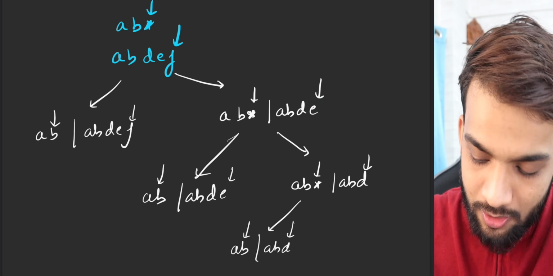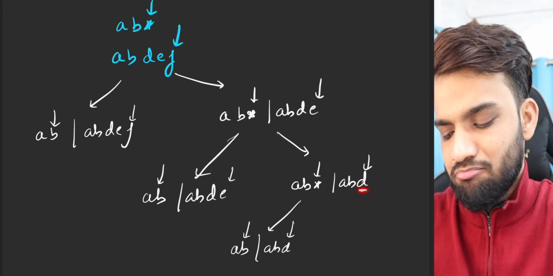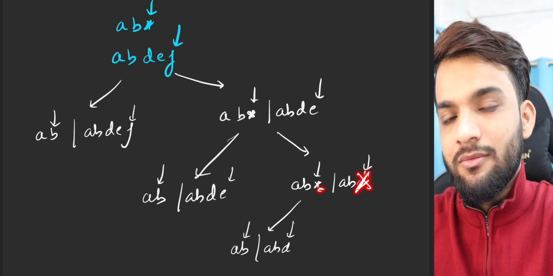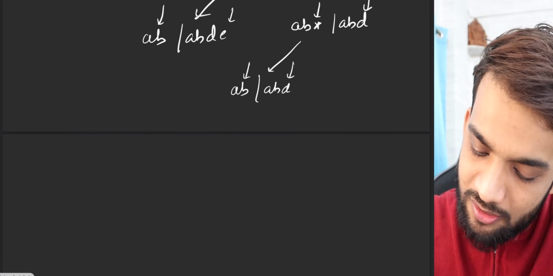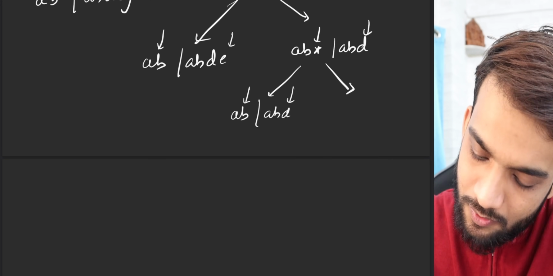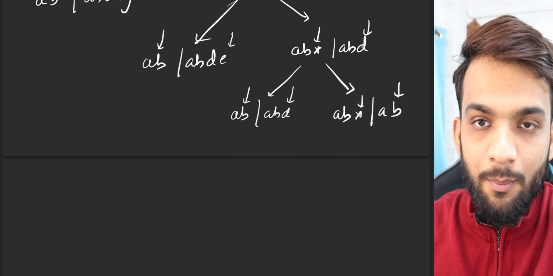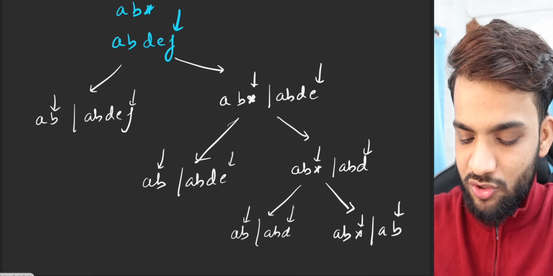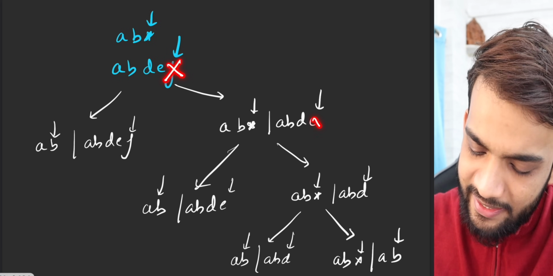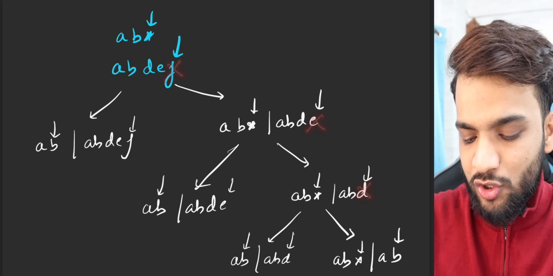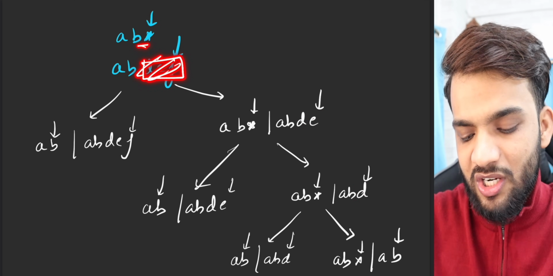Or you can say, hey listen, for the star I'm going to delete D. Fine. So if you delete D, you'll have AB star, let's delete D. So AB. Perfect. So what you did now was you deleted F, you deleted E, now you deleted D. So eventually you deleted 3 characters for a star.